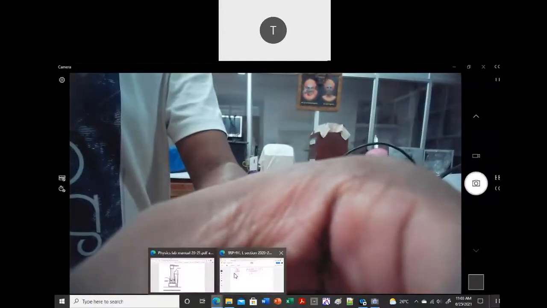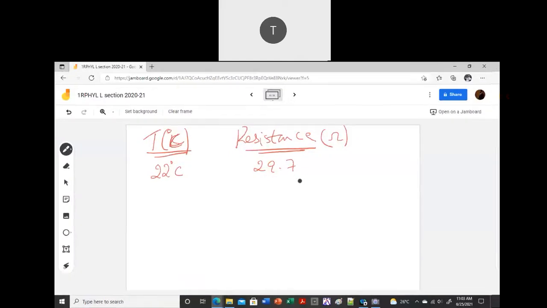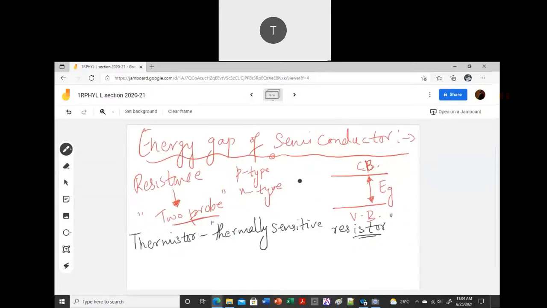If I take 63 as the temperature, you can see the resistance is almost 15. So if I write here, at 63 degrees C the resistance is 14 point something. This resistance depends on the temperature of your material, and that is why it is called a thermally sensitive resistor.